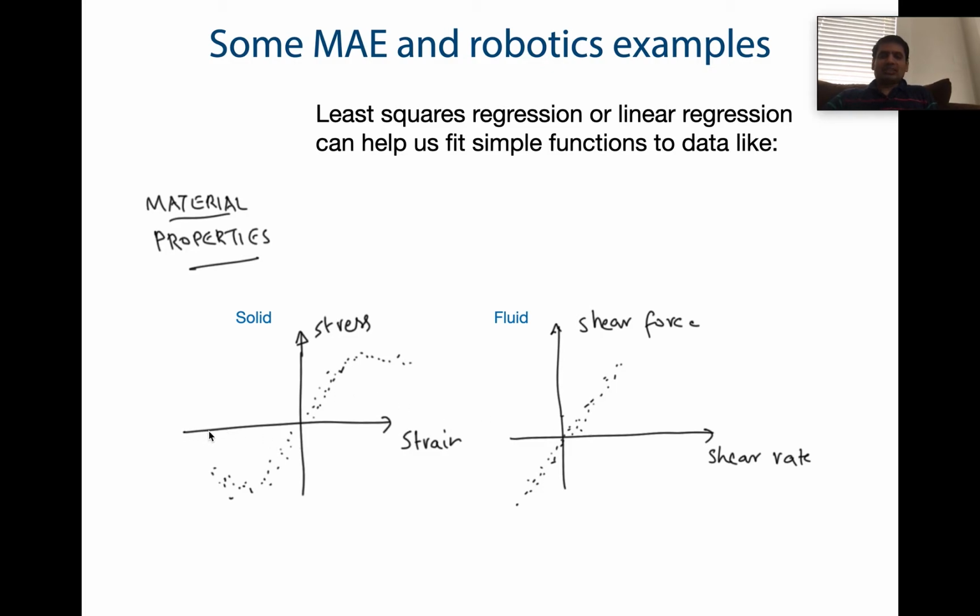We can imagine taking a piece of solid and subjecting it to tension, let's say, and if you apply different strains on it, you might subject the material to different stresses depending on the strain. It might look like this: a linear region where the stress and the strain are linearly related, the linear elastic region, and then eventually the material may yield or potentially break, where things are a bit more nonlinear.